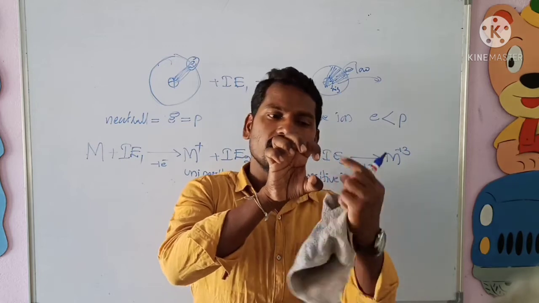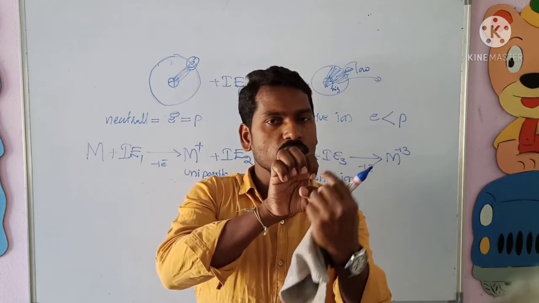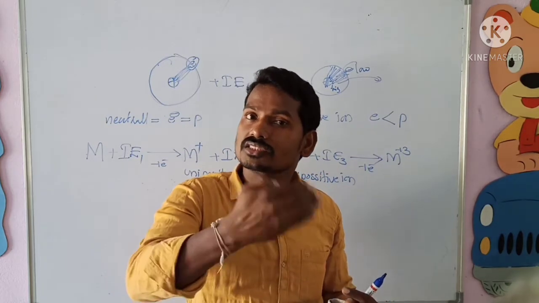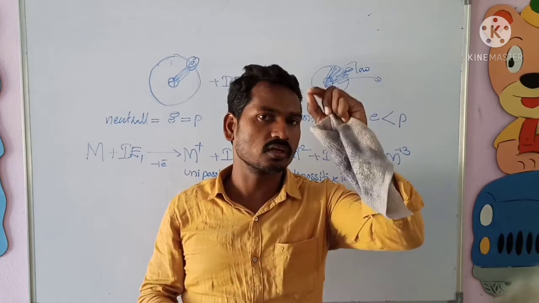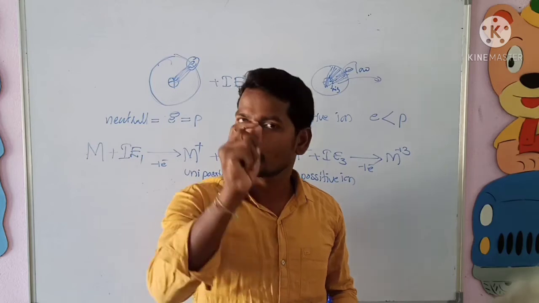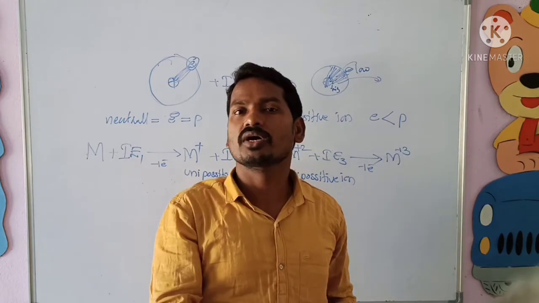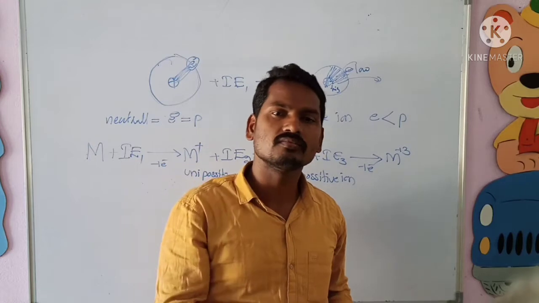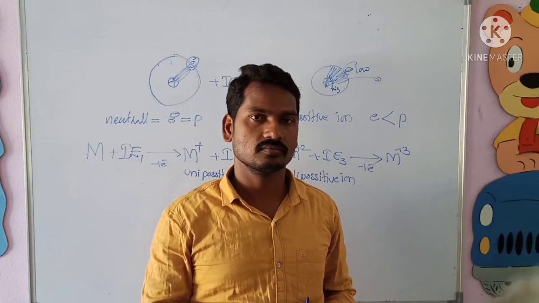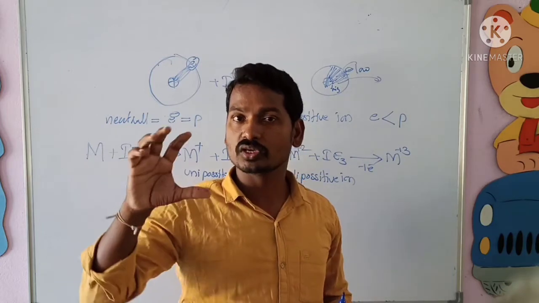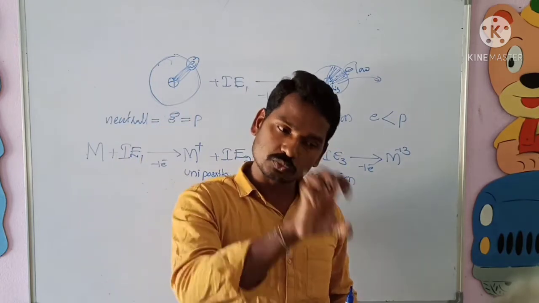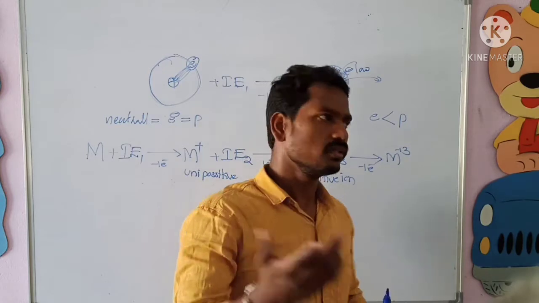In this small size, the distance from the nucleus to the outermost shell somewhat decreases, so the attraction increases. Removing the electron a second time is a difficult process, but you can do it by applying more energy compared to the first case. In the first case, big size, less energy. In the second case, small size, more energy. That is a simple thing.